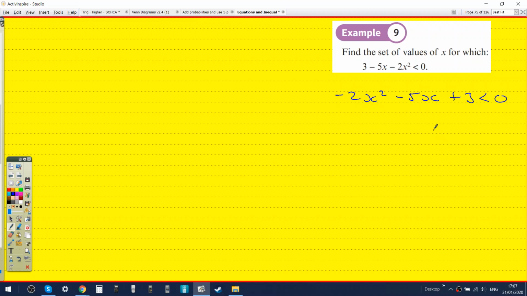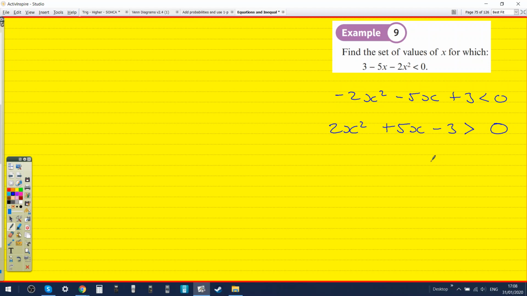And then if we were to times everything by minus 1, so that would be positive 2x squared, positive 5x, negative 3, still 0. And with inequalities, if you times or divide by negative, the sign will change. Okay. And so you'd go about doing that one.